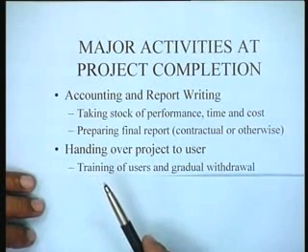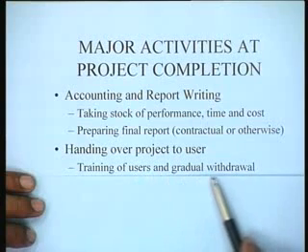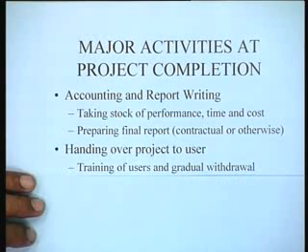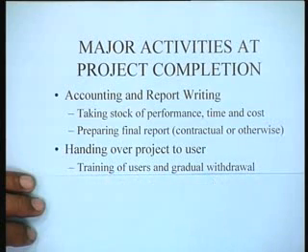What is really required is the training of users and a gradual withdrawal of the workforce. So during the project completion stage, there would be instances when the project staff is involved with training the production department, acquainting them with the various features of the equipment before they finally withdraw. So this training of users and gradual withdrawal is again a very necessary part of project completion.